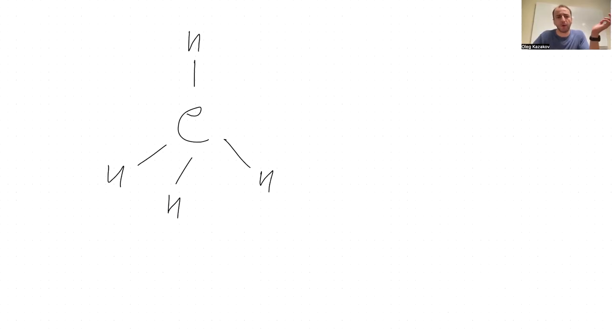The bond angle between the bonds right here will be about 109.5 degrees, and it's going to be the same angle here, here, and there as well. So we'll basically have several angles that can be found between the CH bonds, and all of them will be about 109.5 degrees, right?